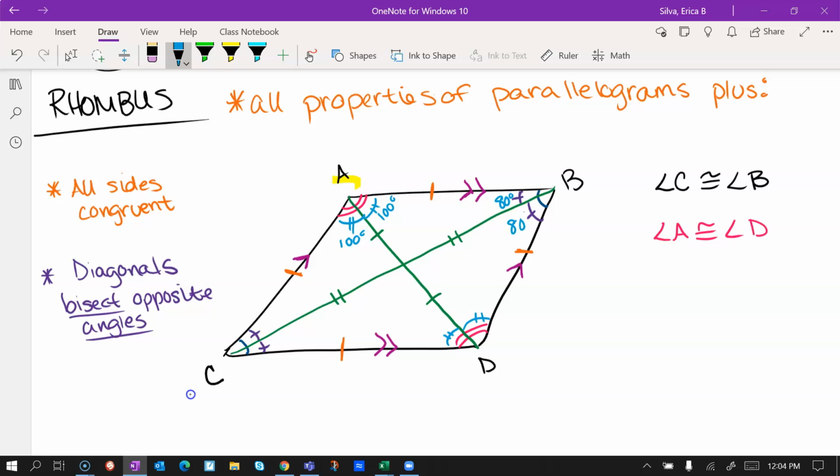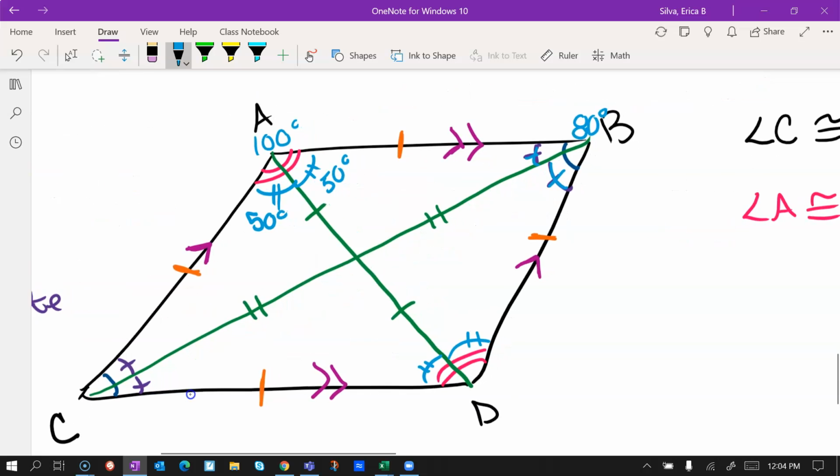Hold on, that one can't be 100. My bad, sorry guys. This one is 50 degrees, this one is 50 degrees, if this whole thing is 100 degrees. And if that's 100 degrees, then this one's 80 degrees. And what are these measurements if that 80-degree angle is bisected? 40.